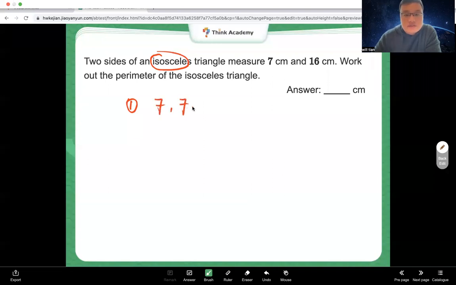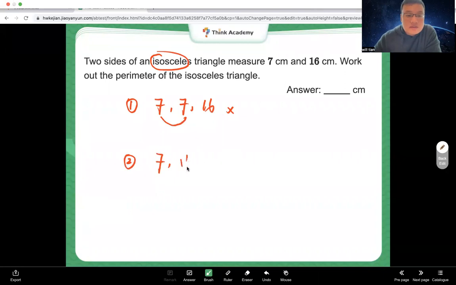So you have 7, 7, 16. And guys, you have to check it. Is it possible to form a triangle? When you add the two shorter sides, 7 plus 7 is 14, less than 16. It cannot be a triangle, right? Because in a triangle, any two sides add up to a number bigger than the third side. So the only way you could get a triangle is that we have to double that 16.